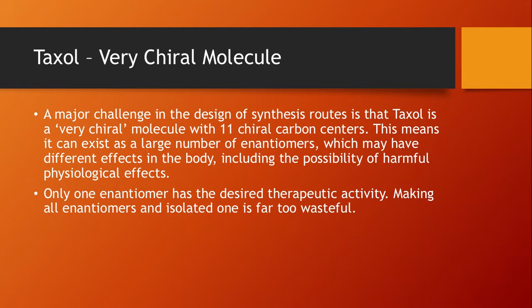That is a big problem. Making all the enantiomers and isolating only one is far too wasteful. Right? With 11 different chiral carbon centers, you have all these different possibilities when they go through the drug synthesis route. So there has to be a way to design this drug and create it so that we get the enantiomer that we want and need, but don't waste.